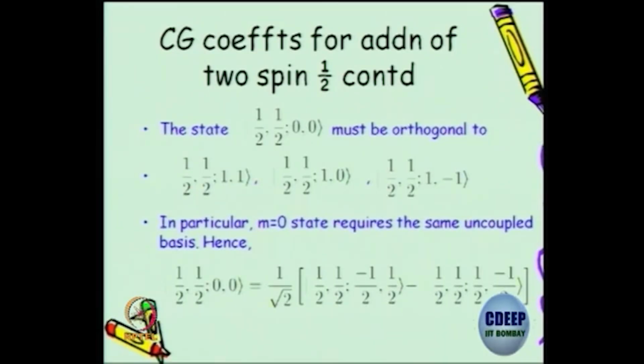There is something which I want to ask you in these two states. If you look at the J equal to 0, M equal to 0 state, if I interchange M1 and M2, is the state symmetric or antisymmetric? It picks up a negative sign, right?